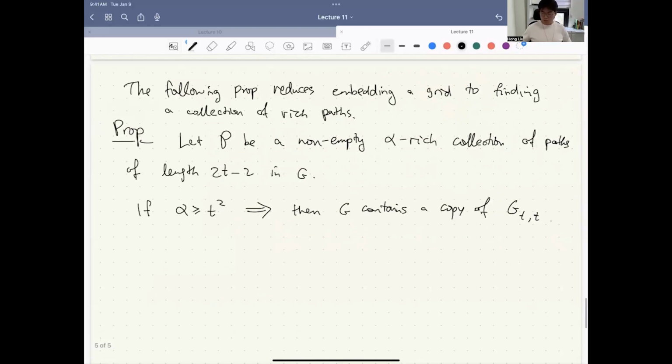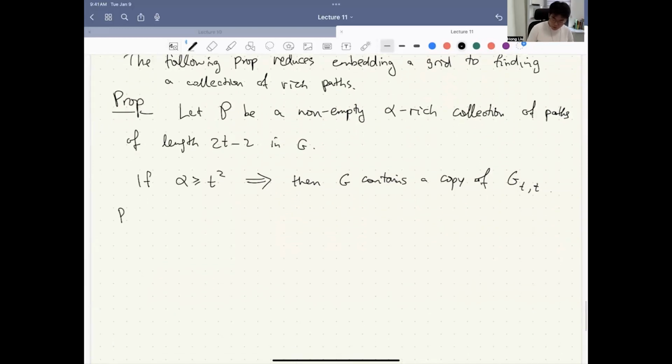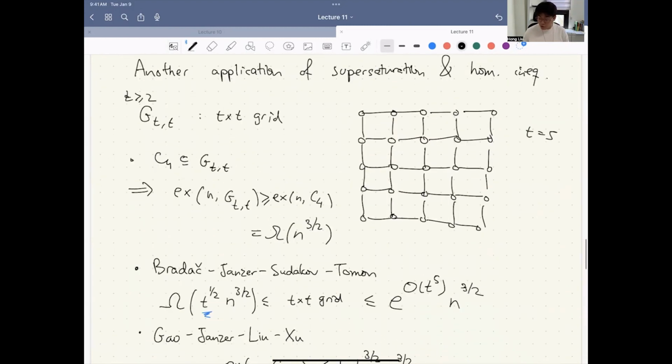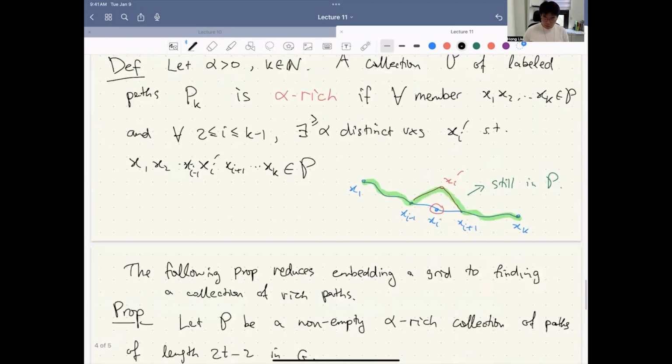The proof is exactly what I've mentioned already. I will not write down the rigorous proof, I'll just draw some pictures. I will draw the picture when t equals 5. So, proof by picture.